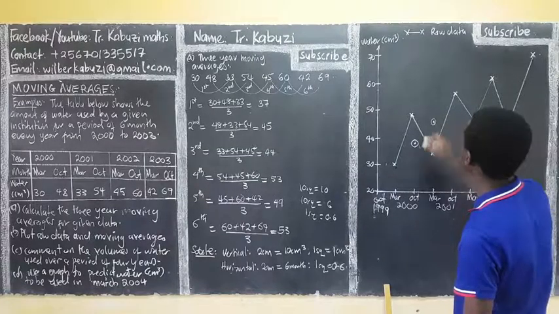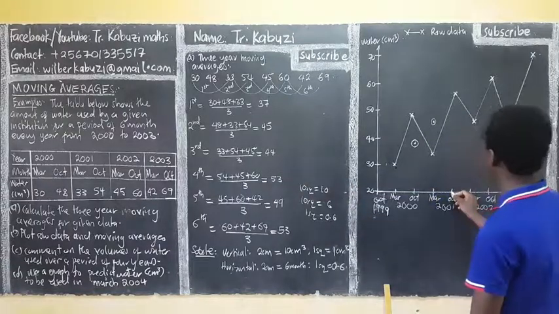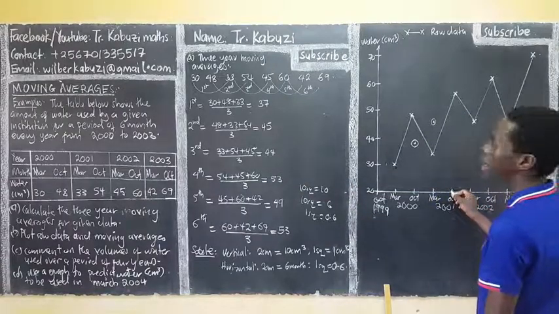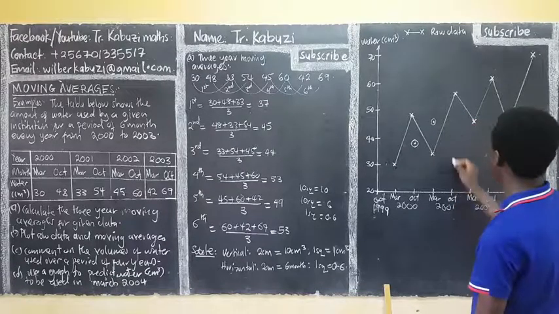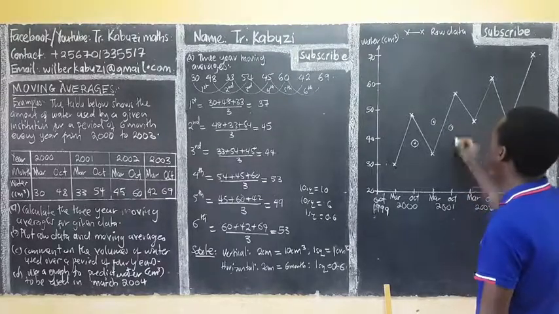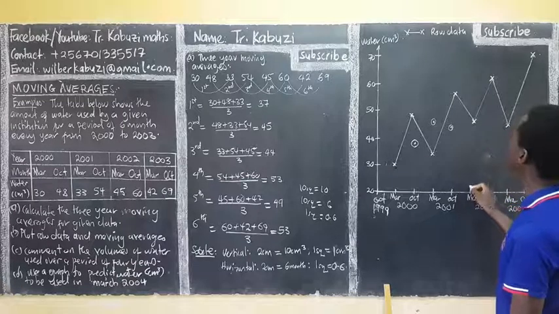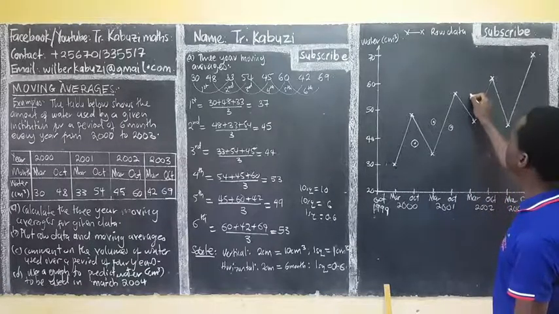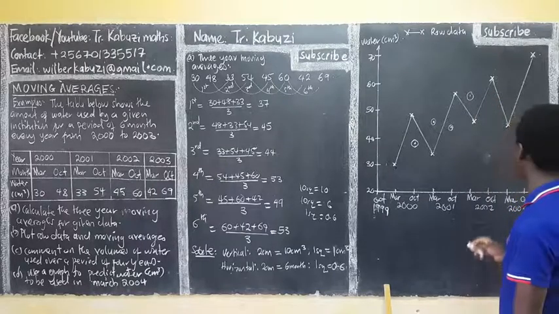Then I close it. The next is going to be 44. But on the next month, which is October now, 44 is a bit below this one. So this is my 44. It's a bit below. Then I come to the next is 53. My 53 is somewhere there. Then I go to 49.